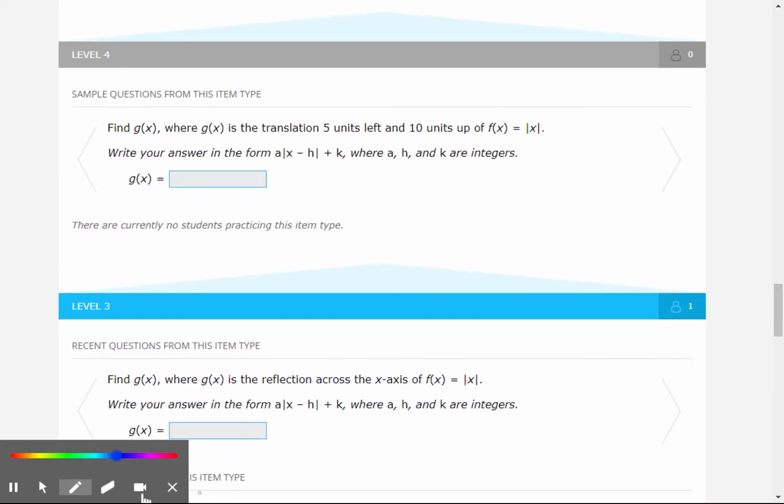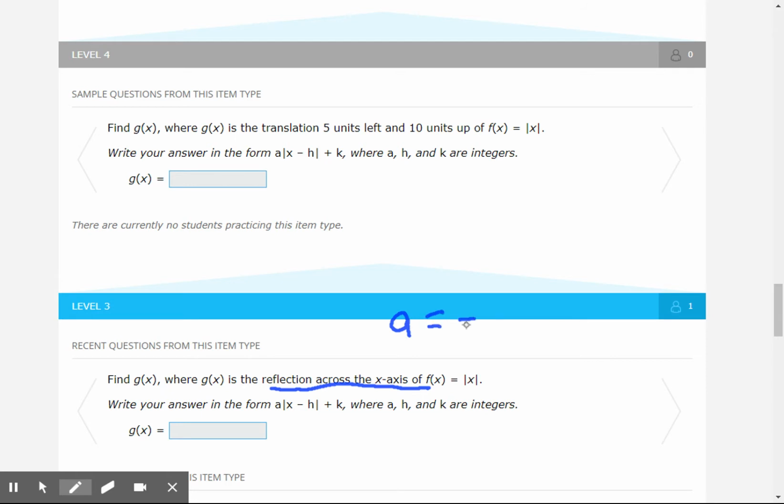We next have example levels 3 and 4. Looking at this, for level 3 type of question, it says we have a reflection across the x-axis. So we talked about the part of our function that is affected by the reflection is our factor. So that means a has to be negative.